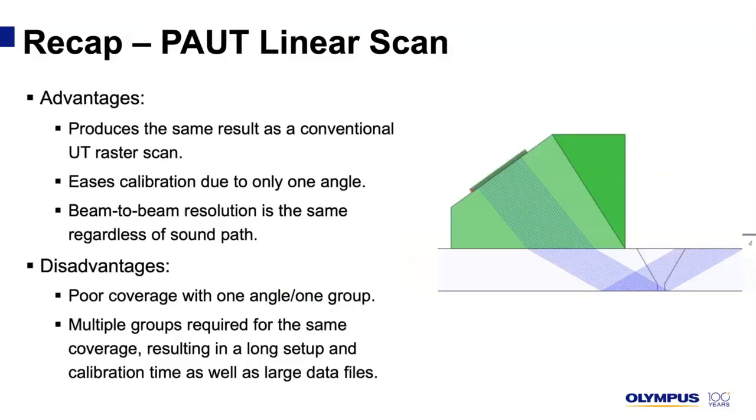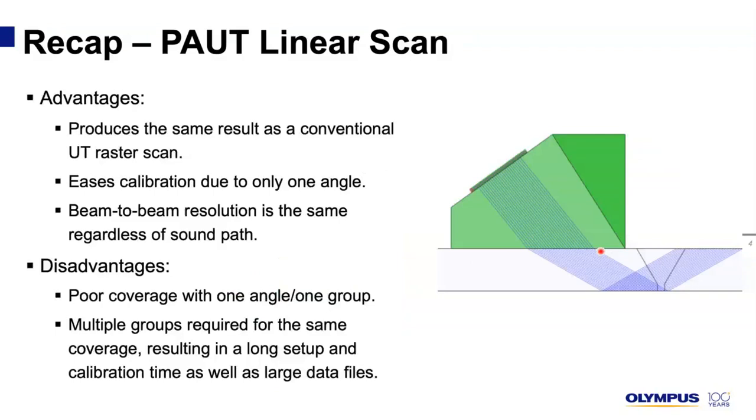The advantages of a linear scan: it produces the same results as a conventional UT raster scan, without the need of moving the probe in and out from the weld. It eases the calibration due to only producing one angle.